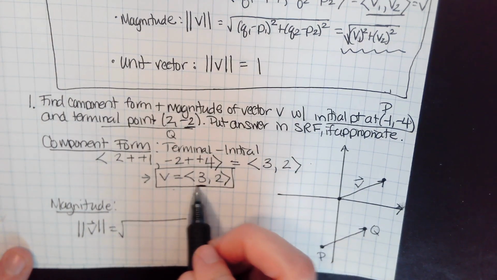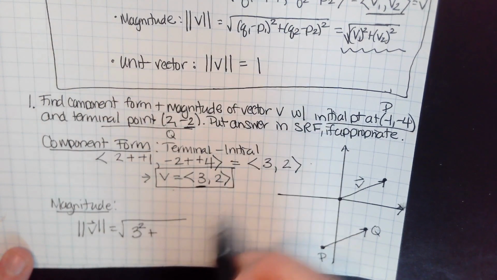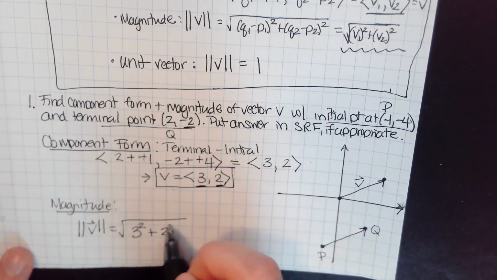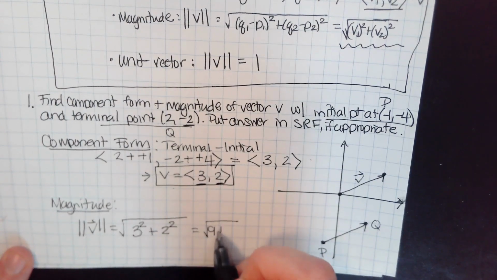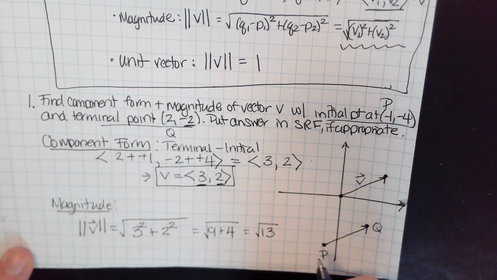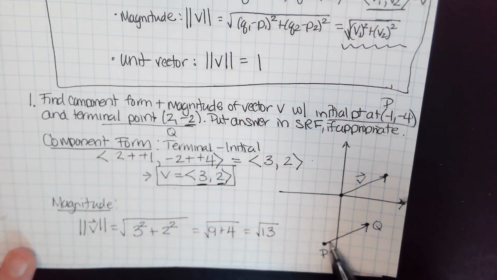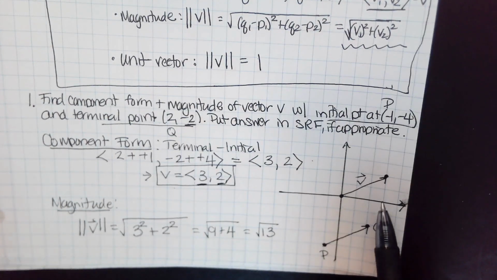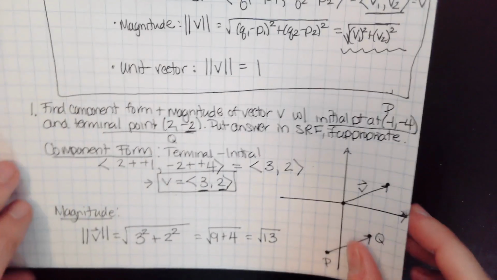You just take the first component, 3. So we do 3 squared plus 2 squared and take the square root of that. Apparently I really liked 13 when I did these notes. So the square root of 13 is your magnitude. Both of these have a distance of the square root of 13.